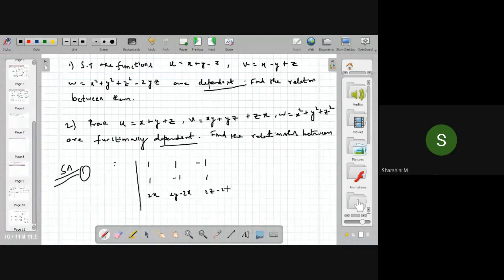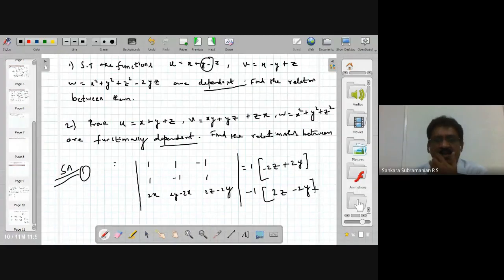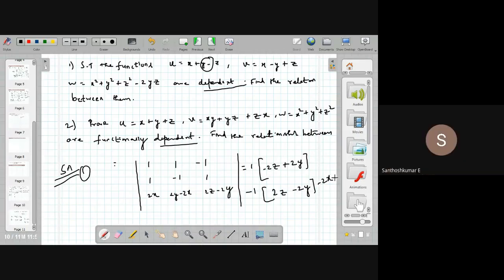Please bear with this, sorry, this is wrong. -1, so you get 1 into minus 2z plus 2y, and -1 into 2z minus 2y. If you multiply this and minus 2x, sir, 0, it is coming correctly.